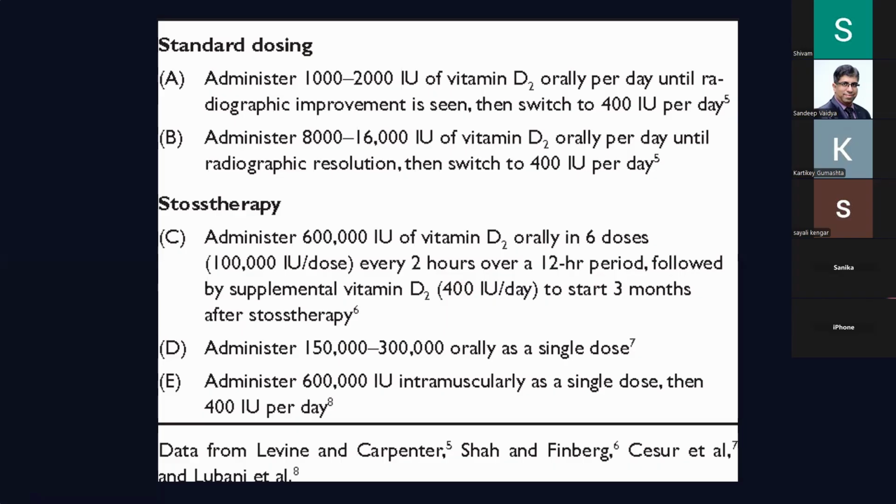The other way is a single oral dose of 3 lakh units of vitamin D, followed by a daily dose. Or another way is 6 lakh international units intramuscularly as a single dose, then 400 international units per day. This is the STOSS regimen.